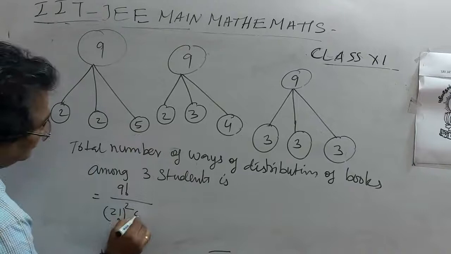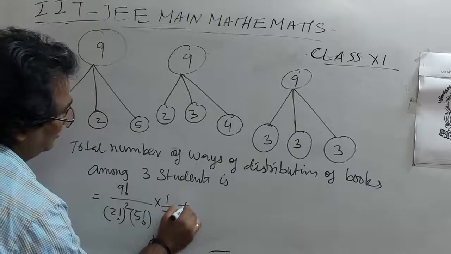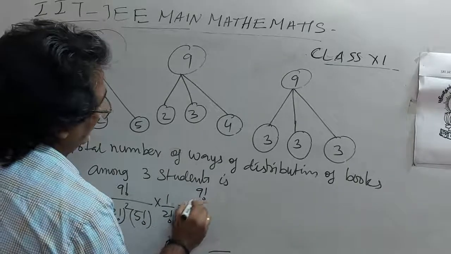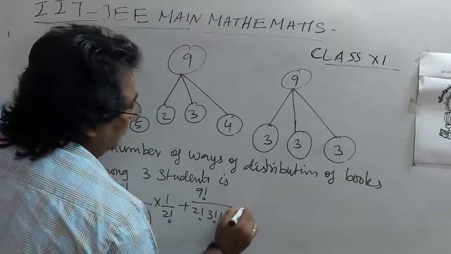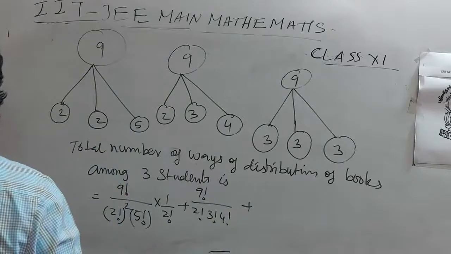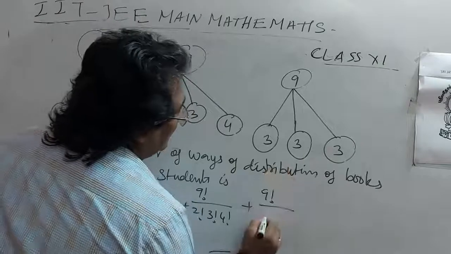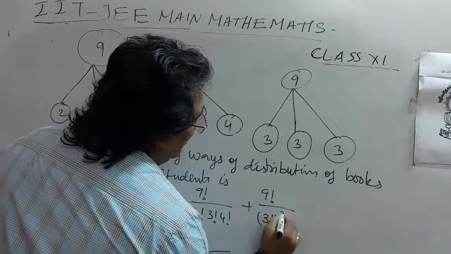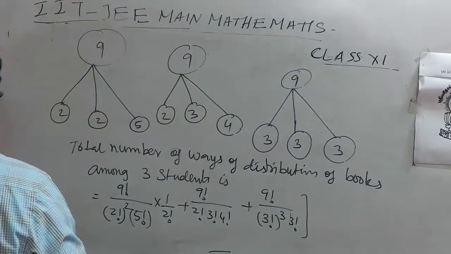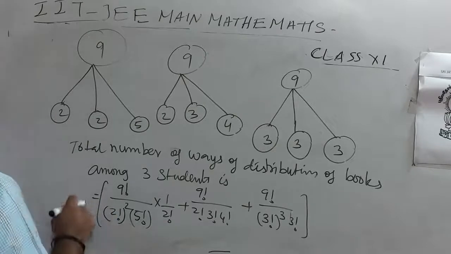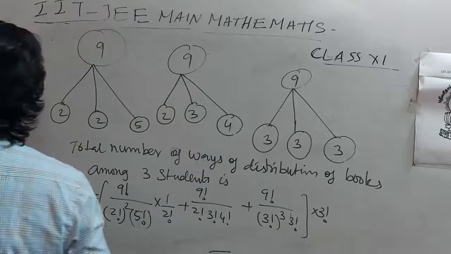Separately we have 5 factorial. Since we have 2 equal groups, you should apply 1 by 2 factorial, plus here 9 factorial by 2 factorial, 3 factorial, 4 factorial, there are no equal groups, no problem, plus here 9 factorial by (3 factorial) whole cube into 3 factorial. Since there are 3 persons, we have to multiply by 3 factorial.